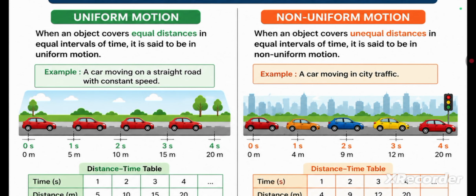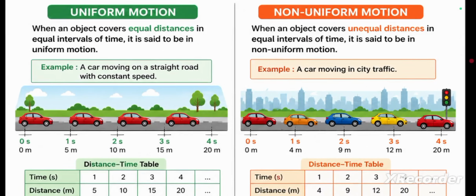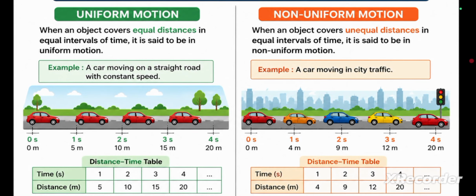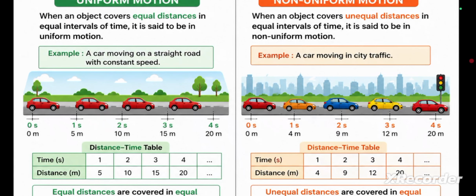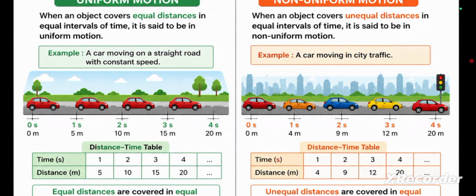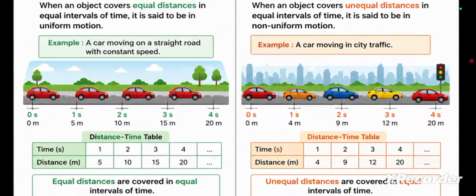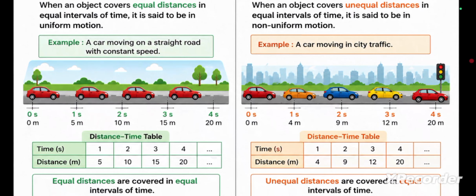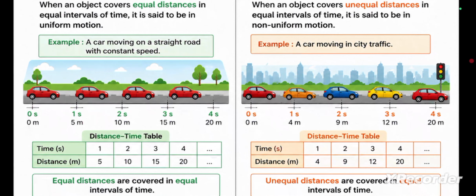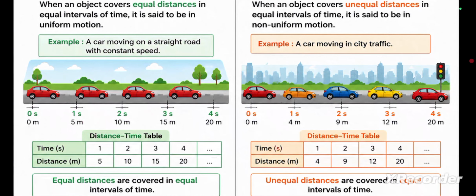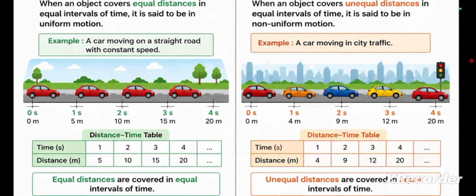Now non-uniform motion. When an object covers unequal distances in equal intervals of time, it is said to be in non-uniform motion. For example, a car moving in city traffic. Here the car is at rest, so its distance is 0 meters. After 1 second, it moves 4 meters. After another second, 9 meters. After another second, 12 meters. And after another second, 20 meters.